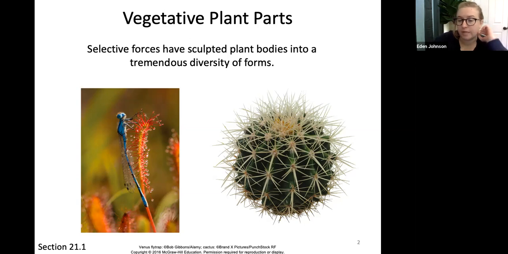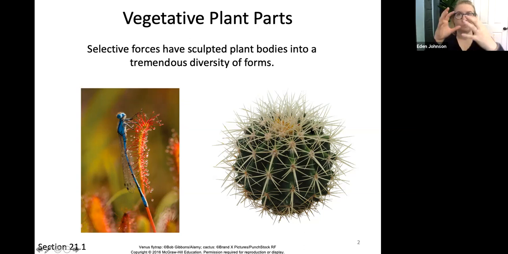And then something like a cactus, why does it have these spines? Well, these spines are actually reduced leaves, okay? So they were once leaves, they have been reduced to minimize water loss, because where do you find most of your cacti? You find cacti in places with very little water. Okay, so you have to minimize water loss. It's great. And also it's going to protect them.